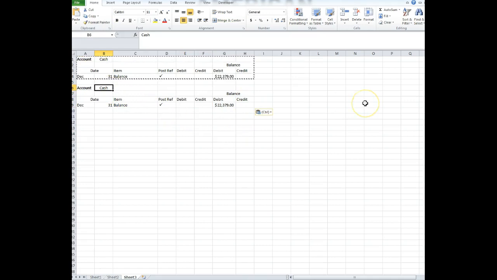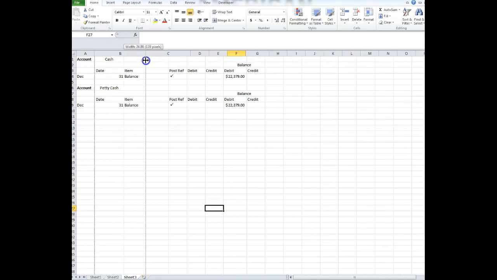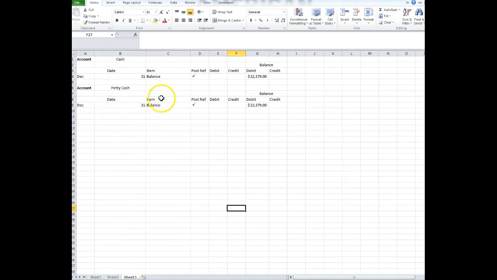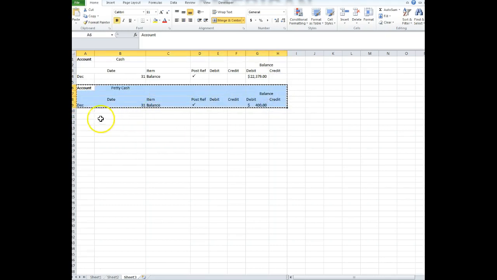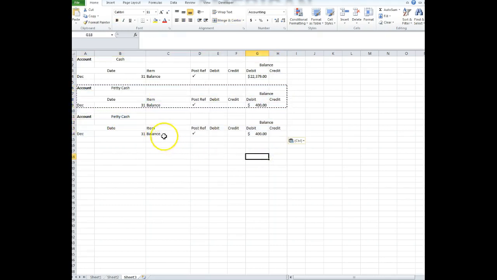Okay, so our next one is petty cash. Okay, that is December 31st, post reference. What is our balance on that? Okay, next is accounts receivable.